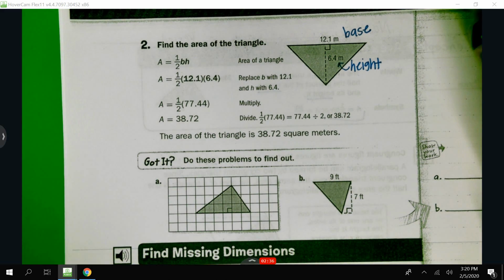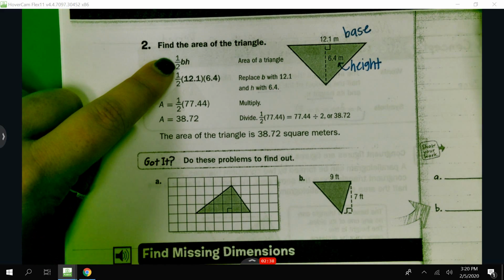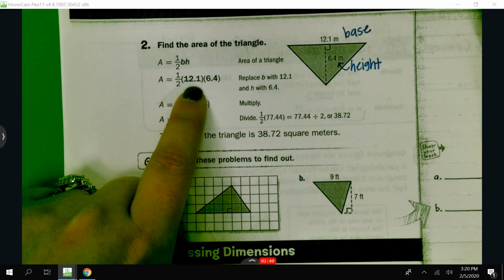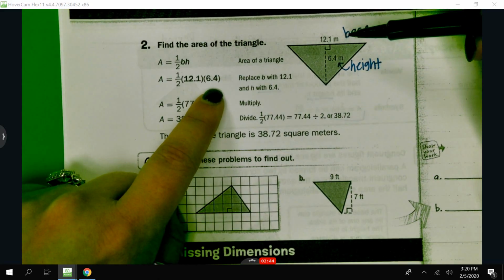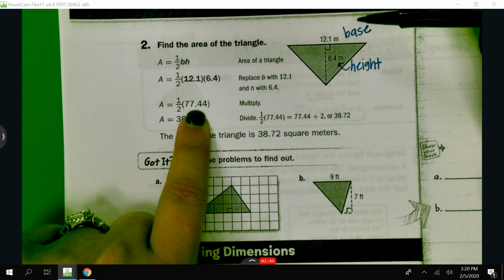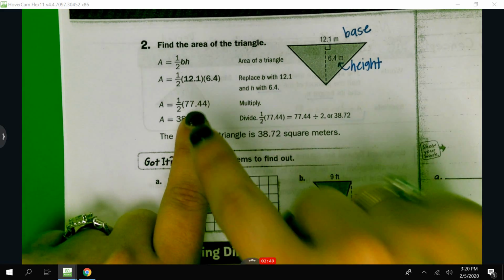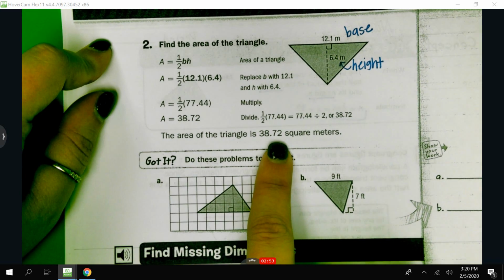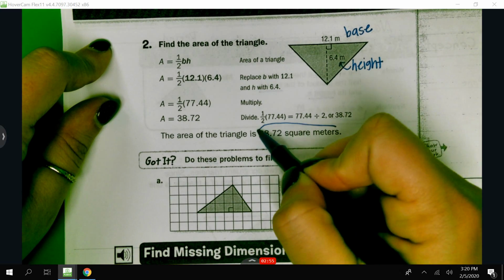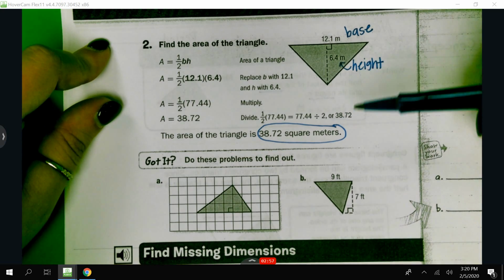So again, you have your formula 1/2 base times height. So we're just plugging in or replacing B with 12.1 and H with 6.4. So then you multiply 12.1 times 6.4 and you get 77.44. And then half of that is 38.72. So your area is 38.72 square meters.